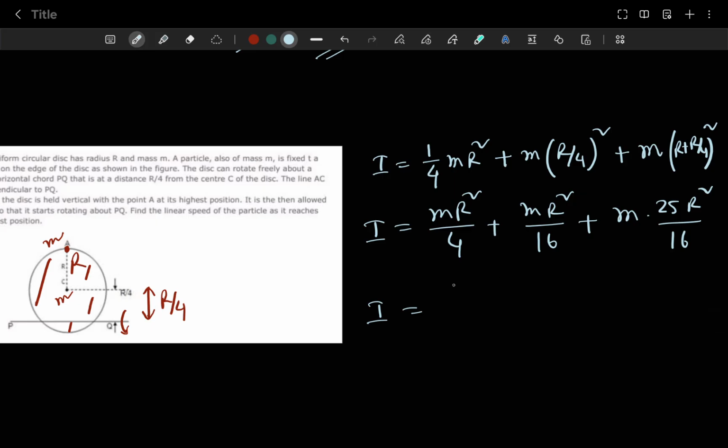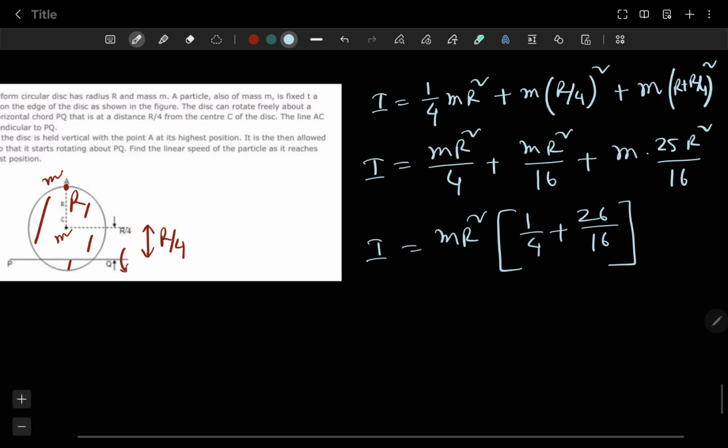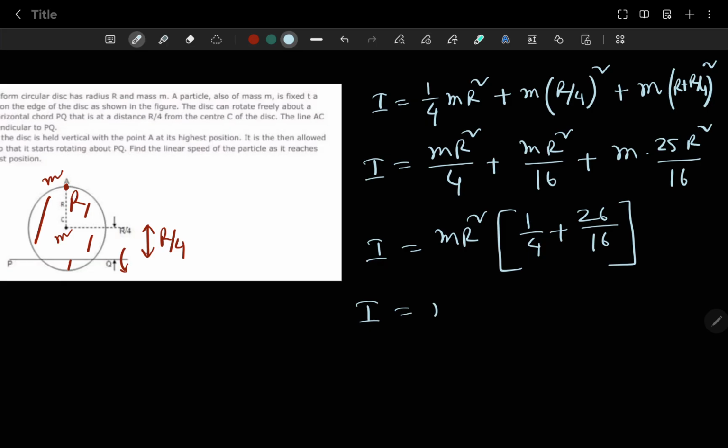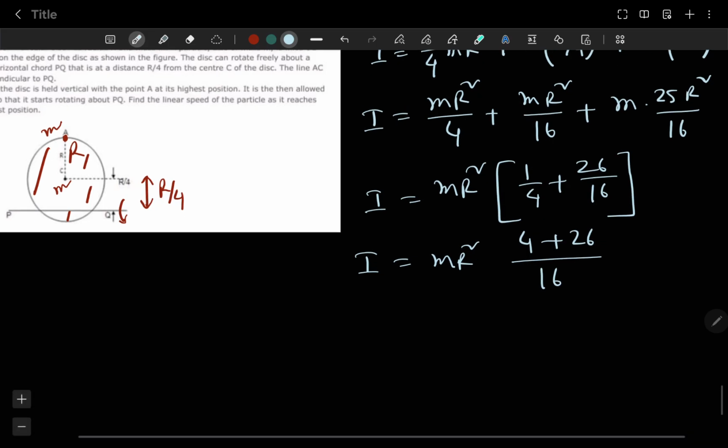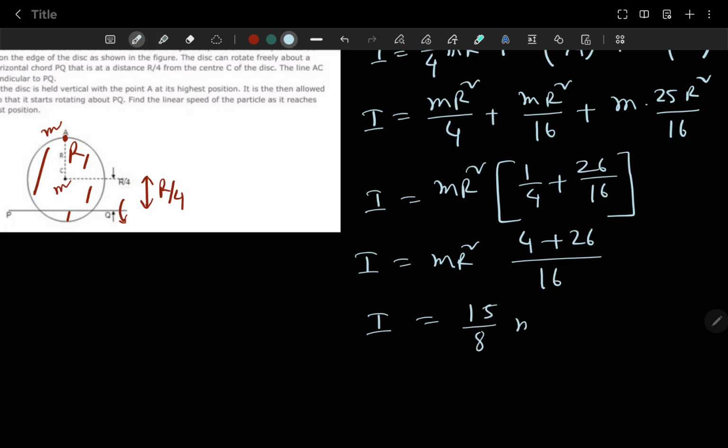If I take mr square common, then it will be 1/4 plus 26 by 16, so 4 plus 26, that is 30 by 16. 30 by 16 means 15/8 mr square.